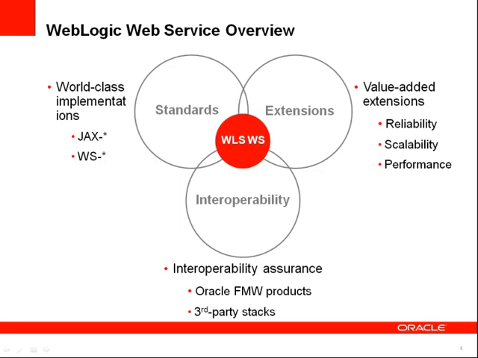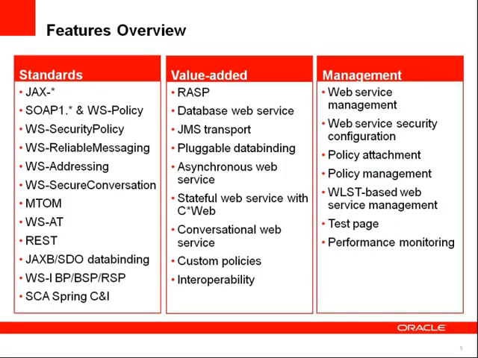Second, we make sure that all the features we provide in the stack will be reliable, scalable, and performant, so that it can meet the enterprise application requirements. Third, we heavily invested in an interoperability assurance program so that customers can build applications that can interoperate with the other Oracle Fusion Middleware products as well as with third-party web services stacks.